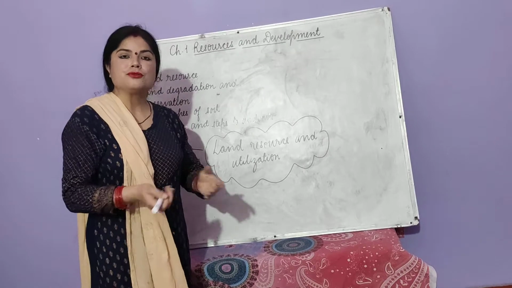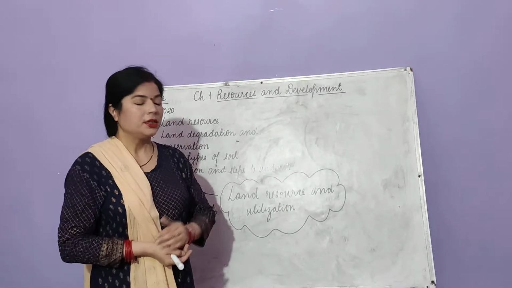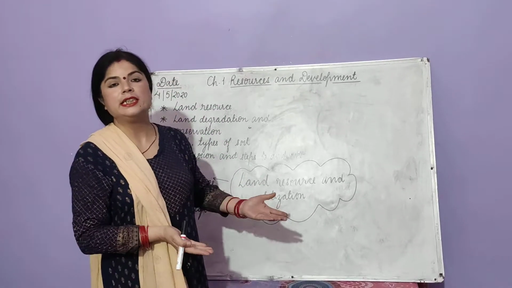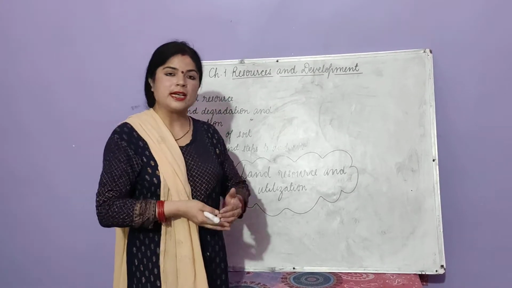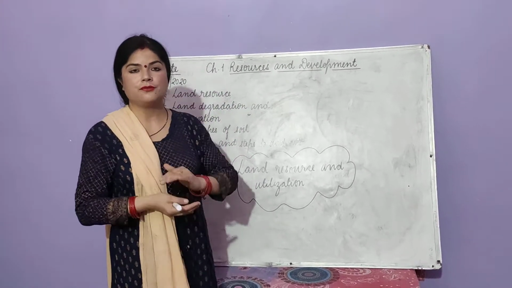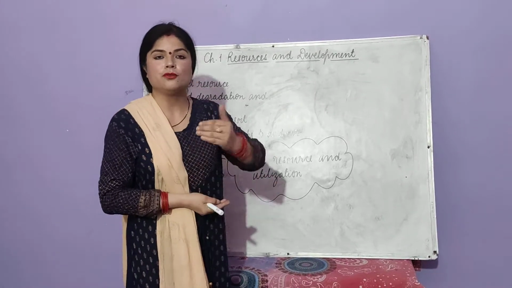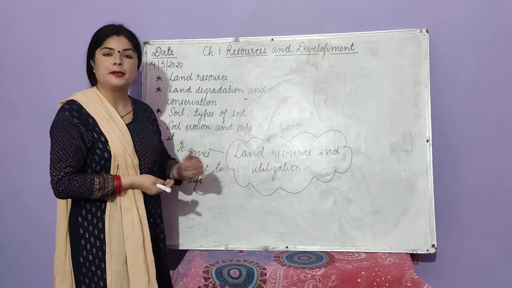If we need to grow crops, we need land, support. If we want to establish any factory or industry, again we need land as a support. If you want to start any kind of occupation, if you want to do any kind of work, really we need land. If you want to build your house, you need land.